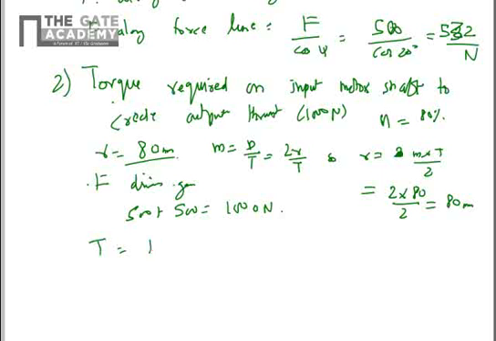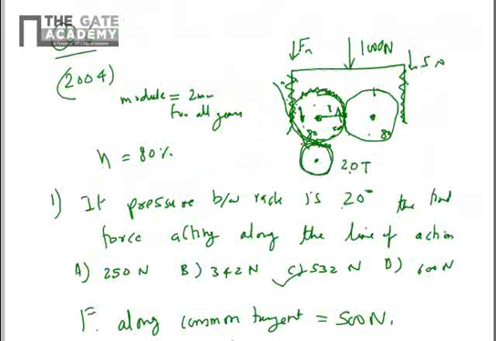So the torque will be 1000 into 80, and then we have to get the torque of the input shaft. So now we will consider these two gears, the input gear here and the output gear here.